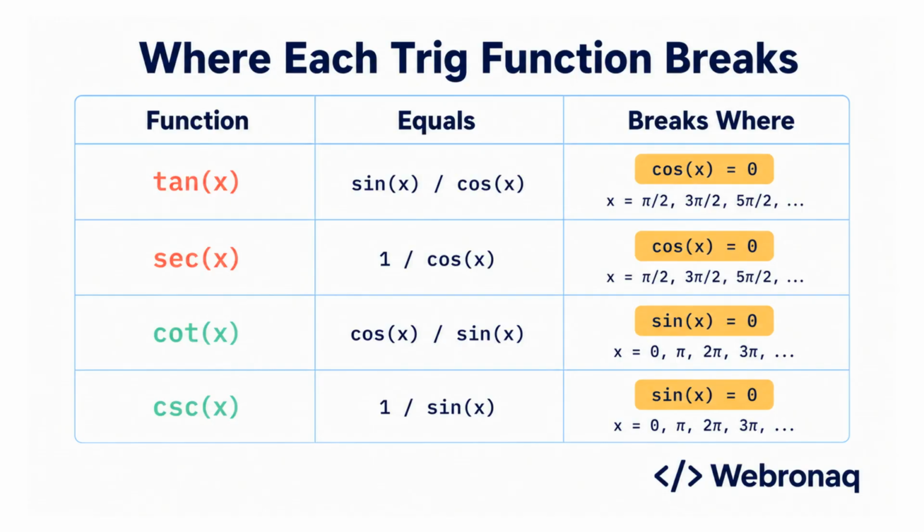They're all built from sine and cosine. Wherever the denominator hits 0, the function falls apart. Everywhere else, it's smooth and continuous. So here's the rule of thumb. To find the limit of any trig function at a point, first check: is the denominator 0 at that point? If no, just plug the value in. Direct substitution gives you the answer. But what happens when direct substitution does fail? When you get 0 divided by 0. That's where the most famous trig limit in calculus comes in.